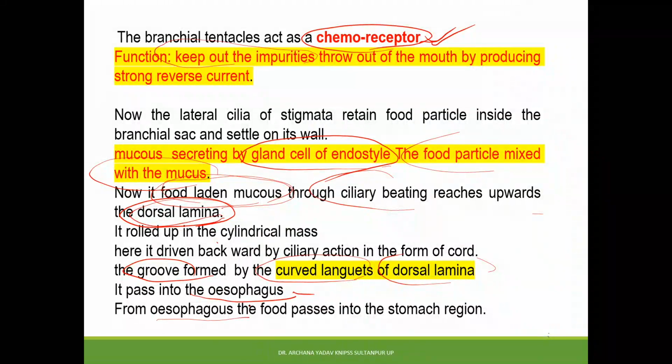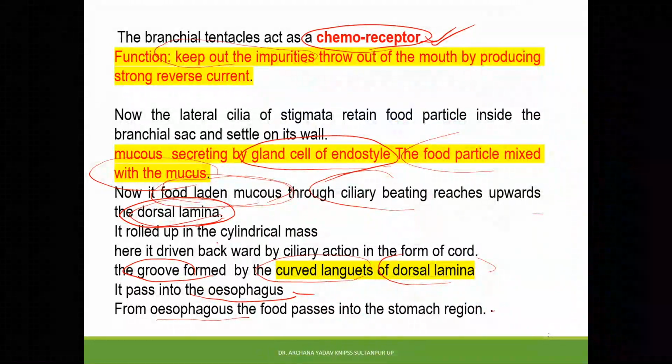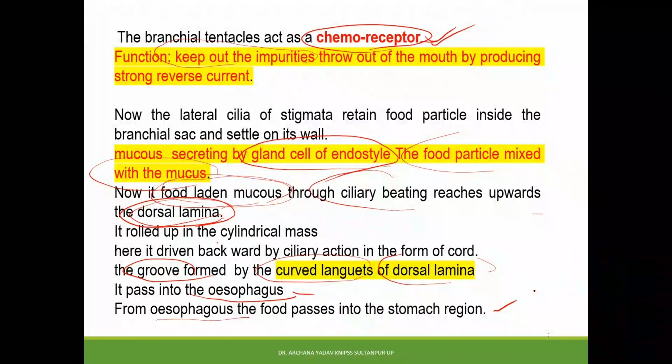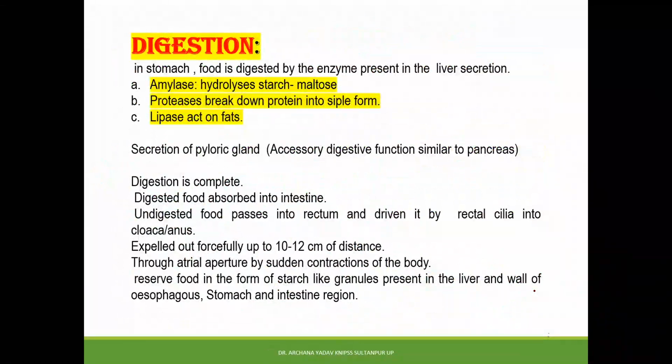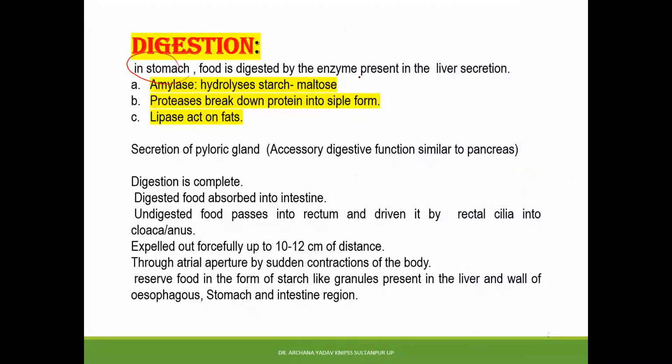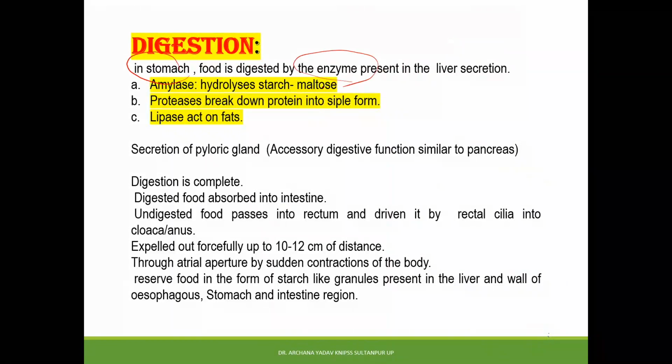From the esophagus the food passes into the stomach region. In the stomach region, the food is digested with the help of various enzymes. The liver secretes various types of enzymes.